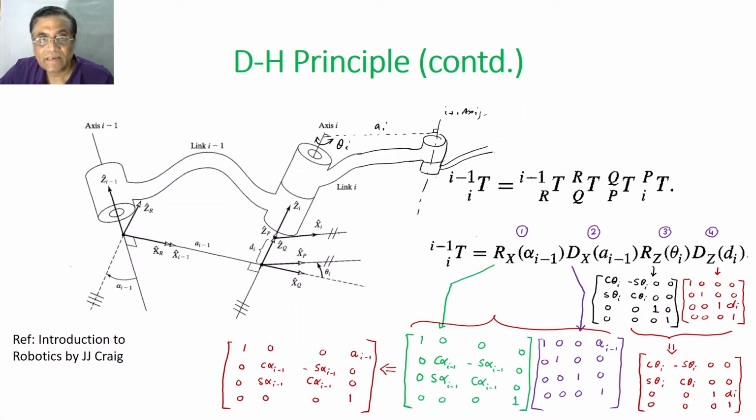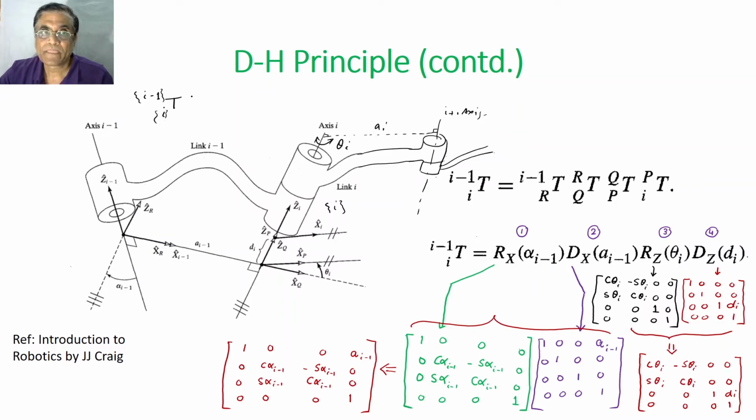Now you see what our objective is. The ith frame will be completely superimposed on the i minus 1 prime frame, and whatever transformation is required, we will do that. Sometimes we note it by this, sometimes we denote it by this: the position and orientation of coordinate frame i with respect to i minus 1.